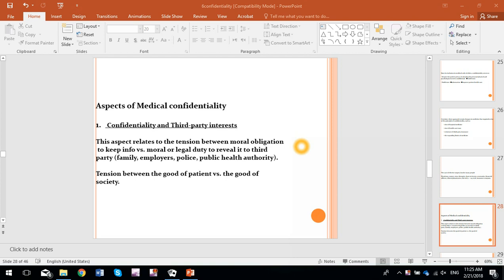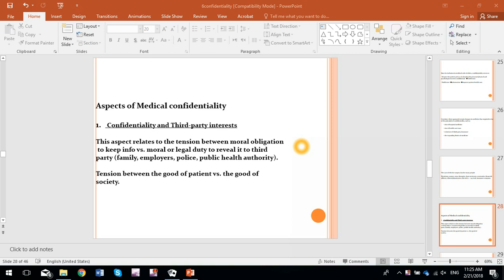Yes, there is. Like the family, the employer. You cannot tell the patient to go and have a rest for 1 week without telling the employer what is wrong with this patient.